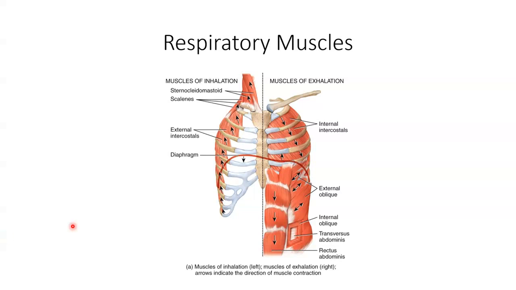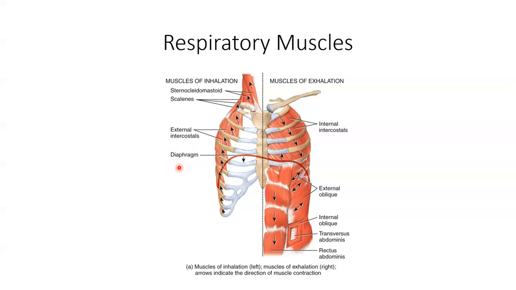We have our external intercostal muscles. So these are these muscles here that connect each of the ribs, and they sit on the external surface, so more superficial. When they contract, they elevate the ribs and increase that thoracic cavity volume. Our external intercostal muscles work with the diaphragm during that normal quiet breathing.